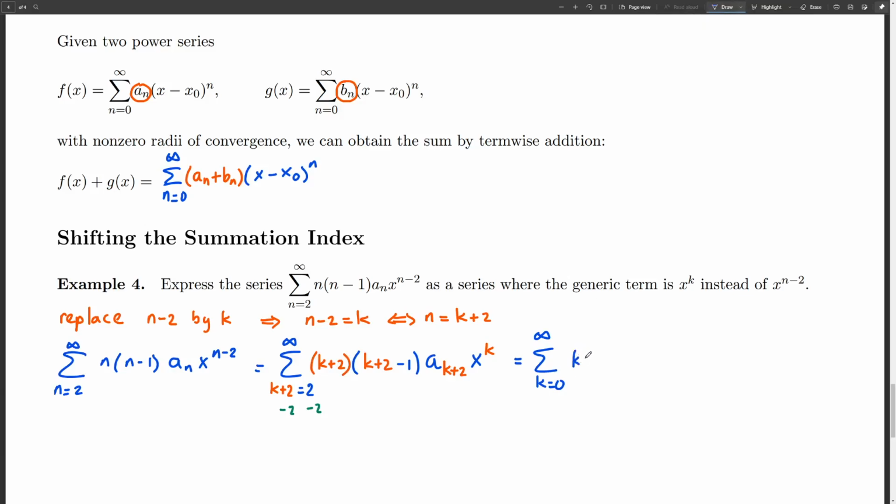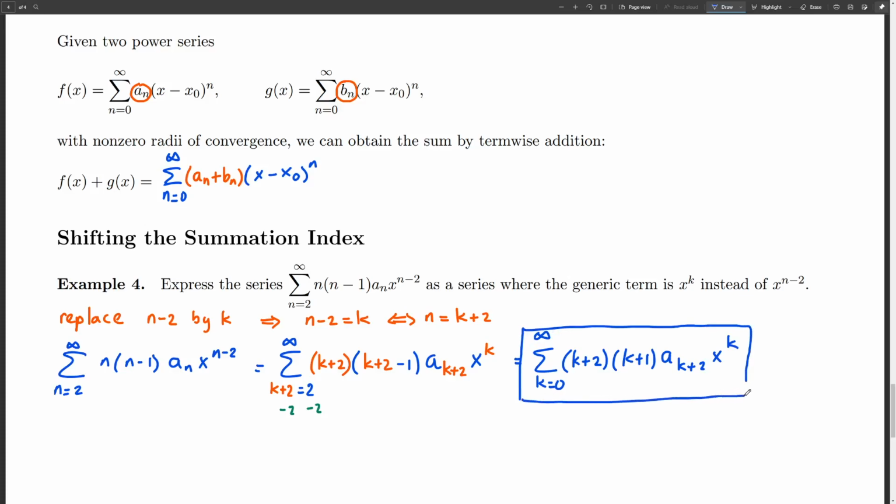So I have k plus 2 times k plus 2 minus 1, so that will just be k plus 1, and then a sub k plus 2 times x to the power k. And that is my new summation, or my new power series, with the general term being x to the power k.